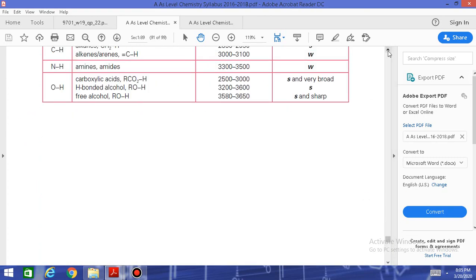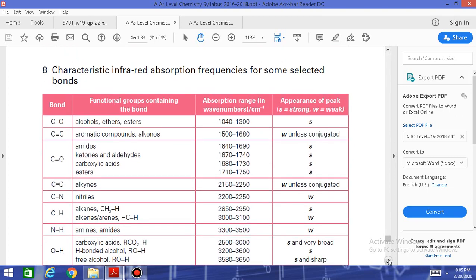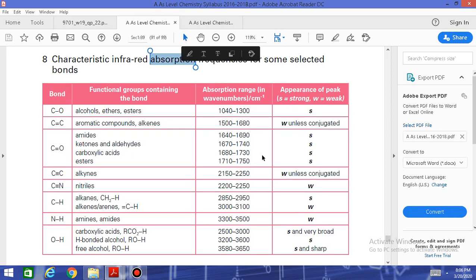Okay, this one. So it's about infrared spectroscopy. Infrared spectroscopy is used to identify the functional group in a molecule.